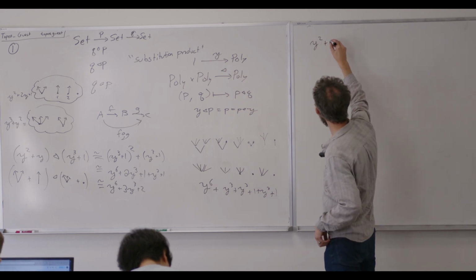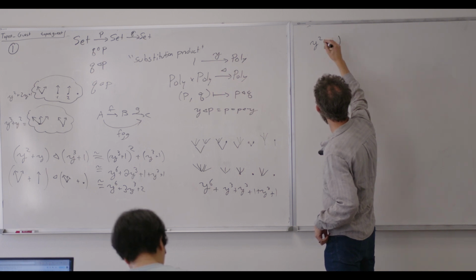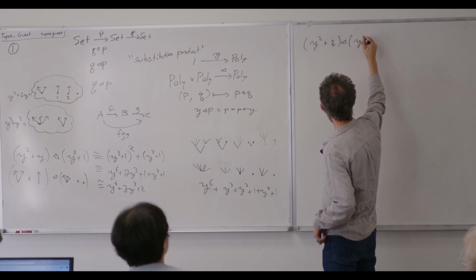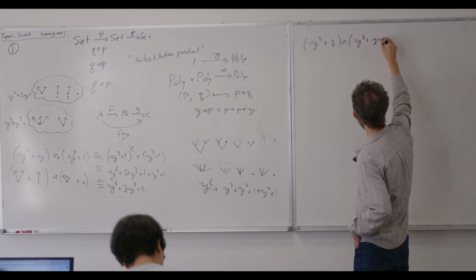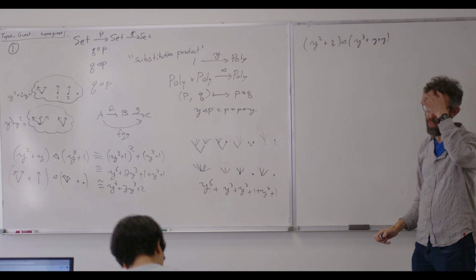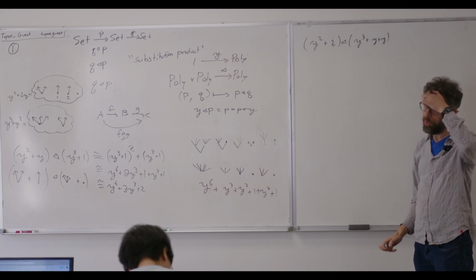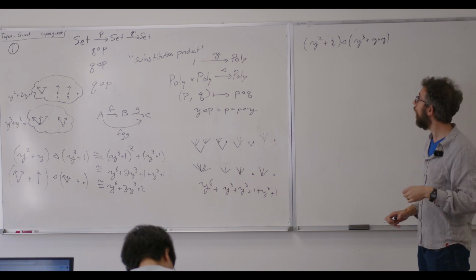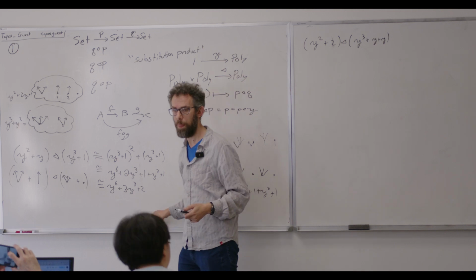Y squared plus 2 composed with y cubed plus y plus y. Okay, try that on your paper. Yeah, Priya? I think it will be helpful if we use different colors for the two things. Okay, well, try this.